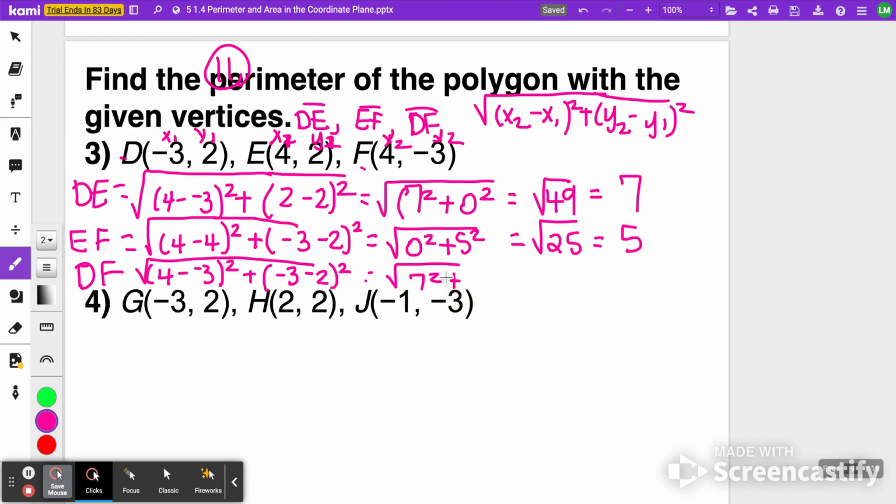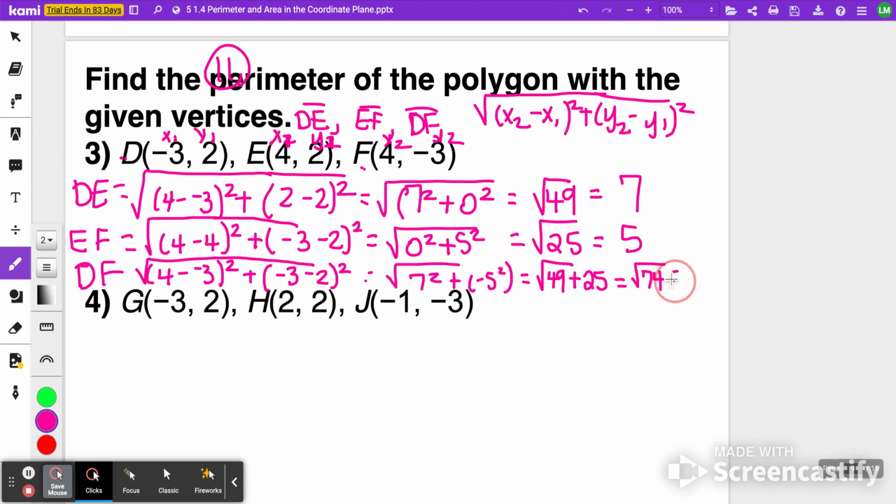And then negative 3 minus 2, that's negative 5 squared, which is going to end up being 49 plus 25. That's going to give me the square root of 74.